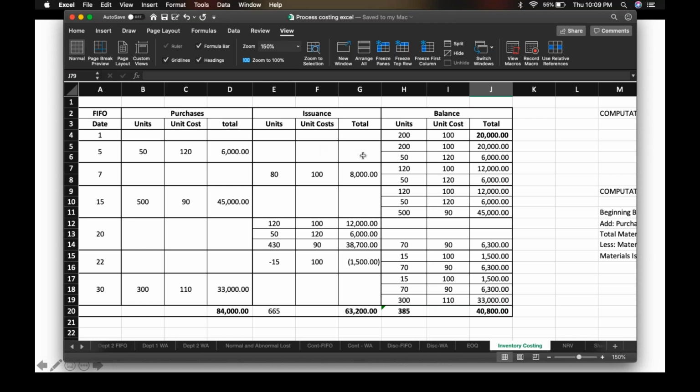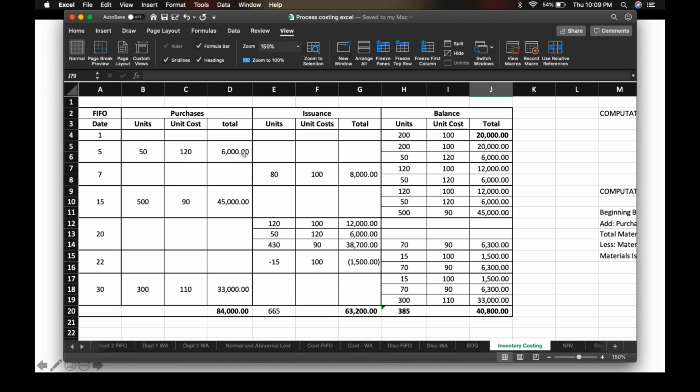Say this is our stock cards of a particular materials or inventory. On January 1, we have our beginning balance of 200 units at 100 peso. So the total cost is 20,000 pesos. And then on January 5, we purchased 50 units at 120 pesos each. So that's a total cost of 6,000.